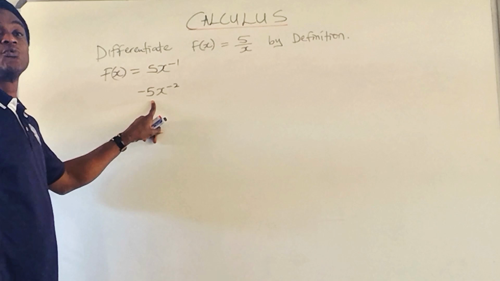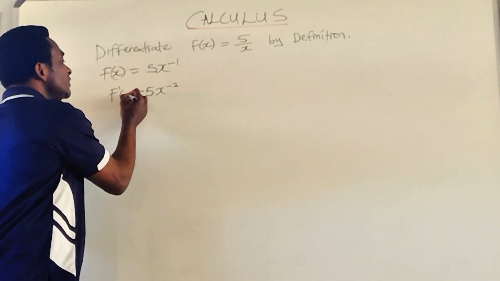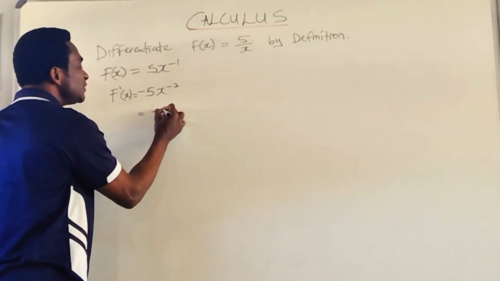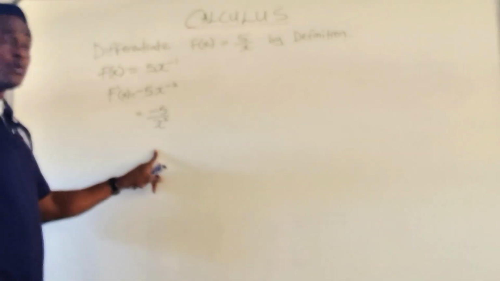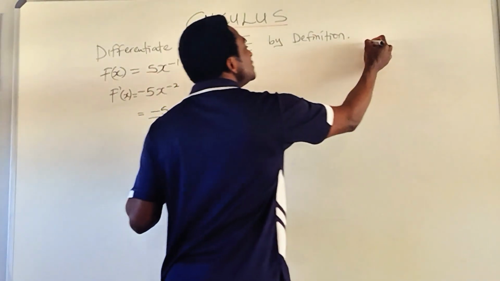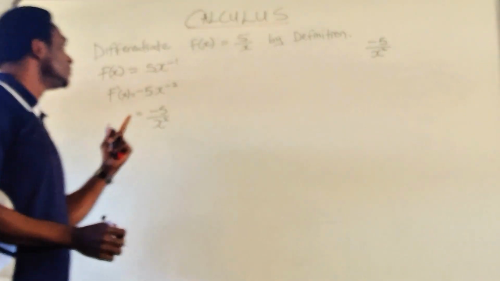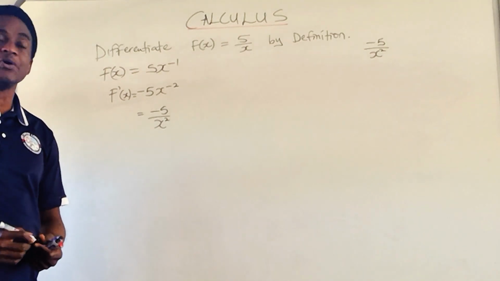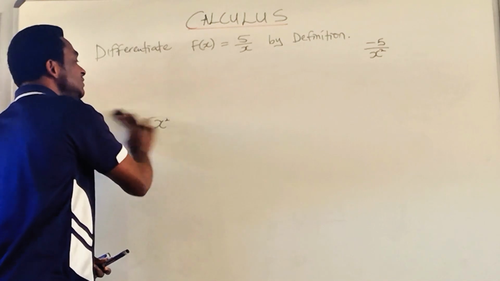So this will be the first derivative of this function using the general method, which if we write as positive exponent becomes -5 over x to the power of 2. So what we're going to do is keep this by the side as a check to whatever our answer is going to be while we apply using the definition.